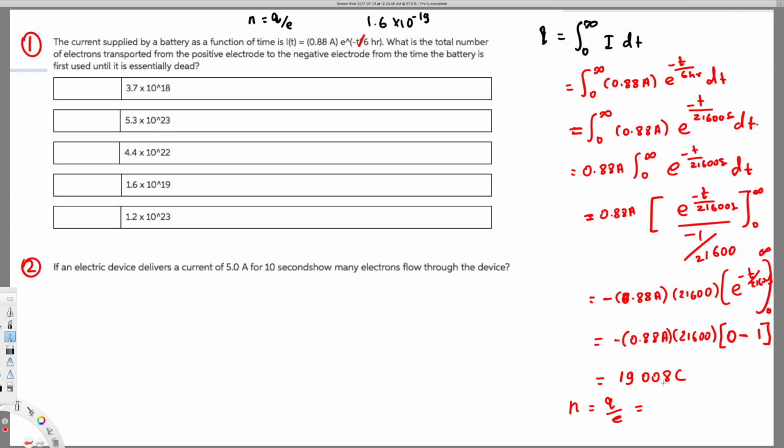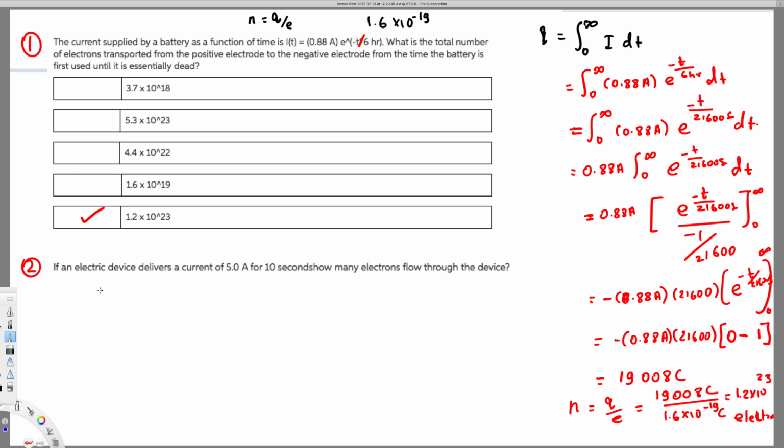Here Q is 19,008 coulomb, divided by the electron's charge, 1.6 times 10 to the power of minus 19 coulomb, and that gives us 1.2 times 10 to the power of 23 electrons. So that matches this answer right here. This is the correct answer, and that's how we do these problems.